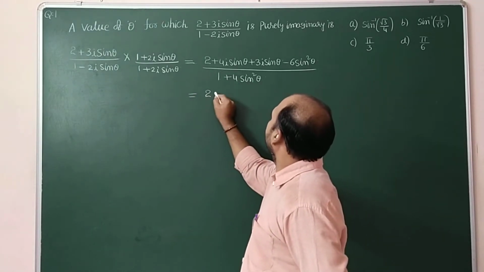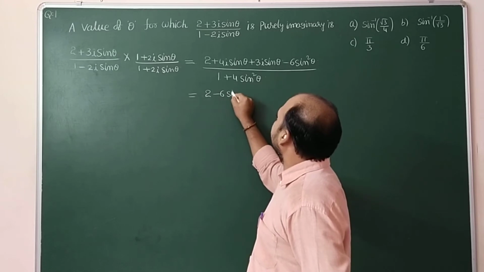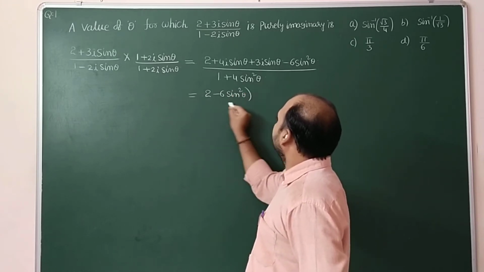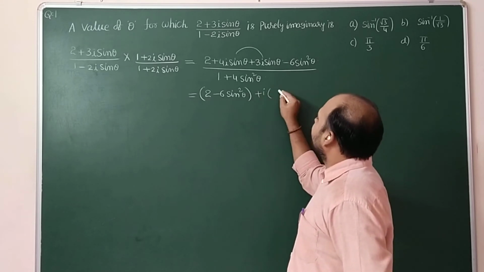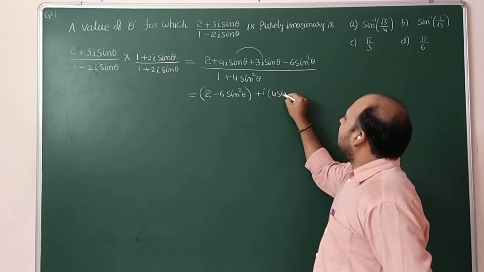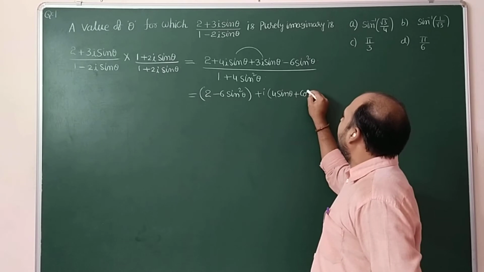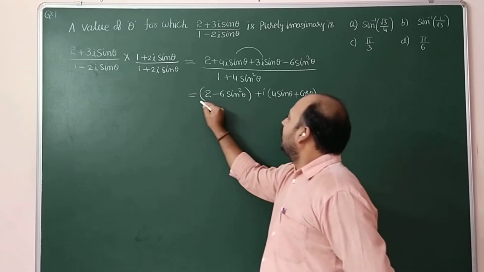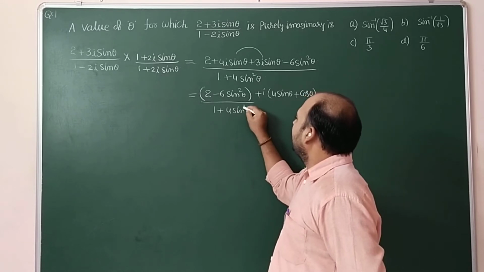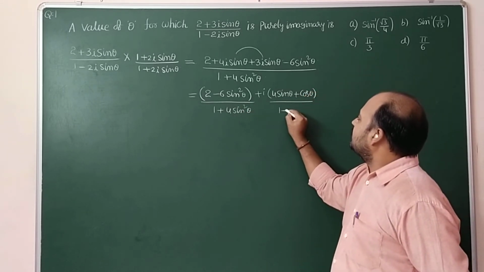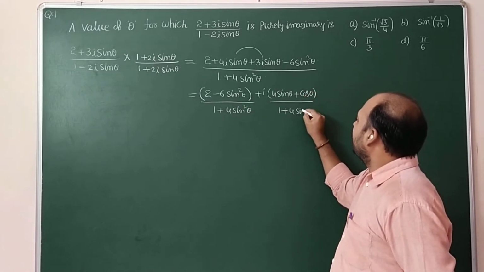So (2 minus 6 sin square theta), and from these two I take common iota, 4 sin theta plus cos theta, divided by 1 plus 4 sin square theta. For this also, 1 plus 4 sin square theta.